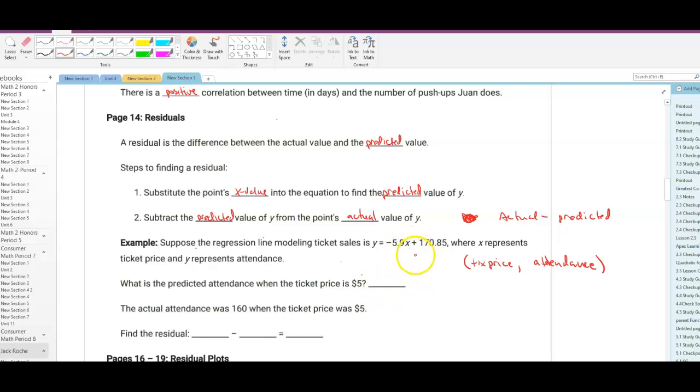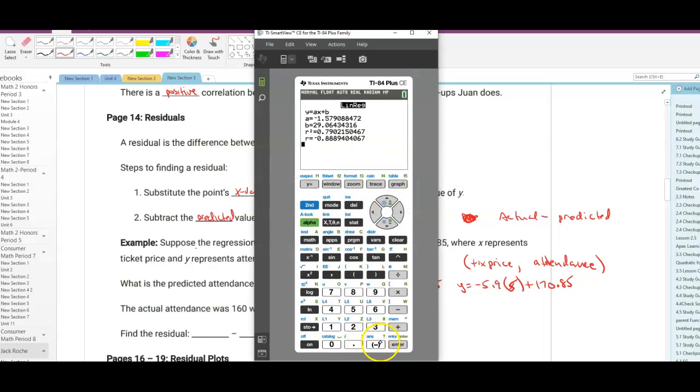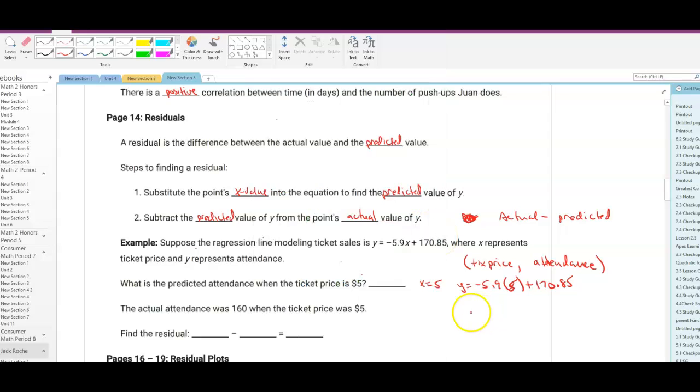So all we're going to do is let x equal 5 and plug that in here. y equals negative 5.9 times 5 plus 170.85. So I go to my calculator, negative 5.9 times 5 plus 170.85. When I hit enter, I get 141.35.